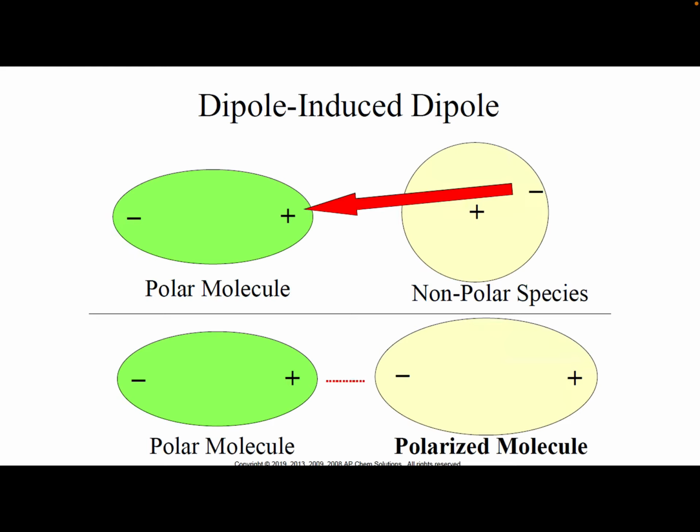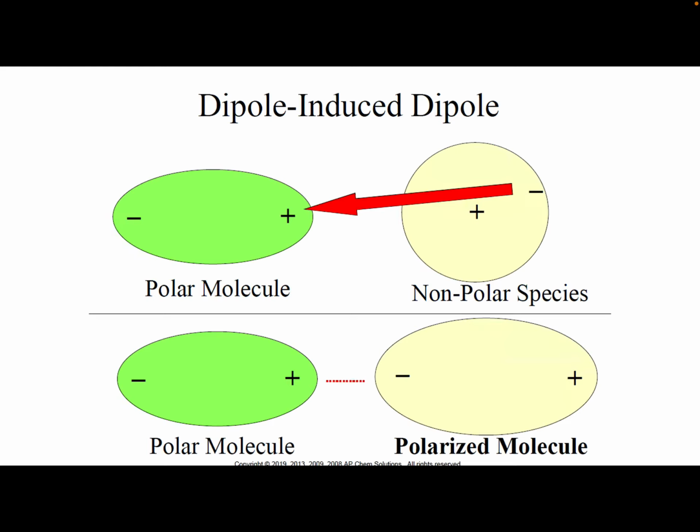Dipole-induced dipole: basically a polar molecule will induce a dipole on a nonpolar molecule. The electrons in the nonpolar molecule are going to be attracted to the positive end of the polar molecule. This will cause a temporary increase in the electron density in the nonpolar molecule.